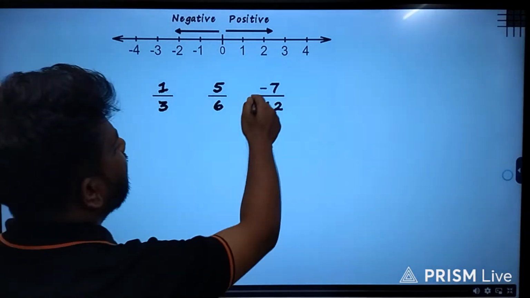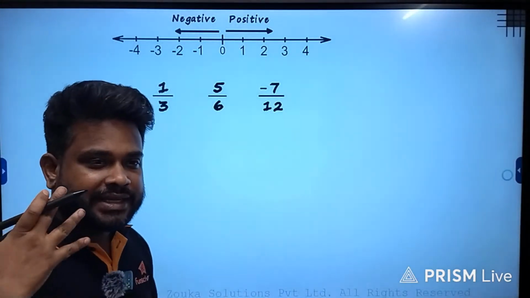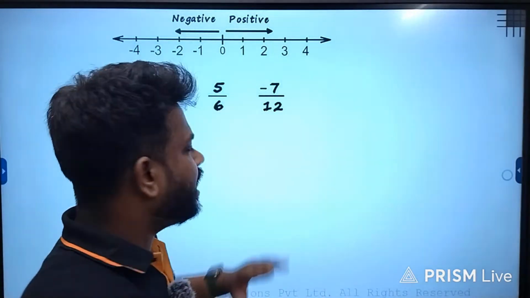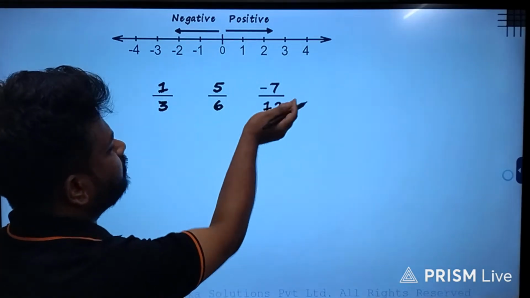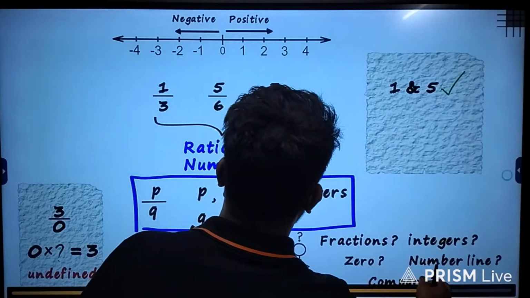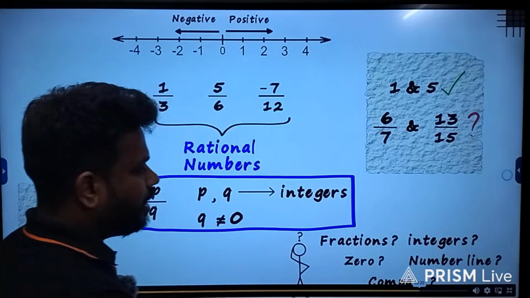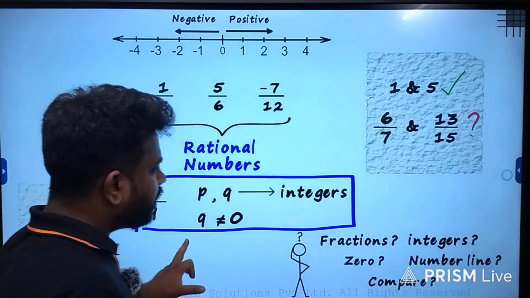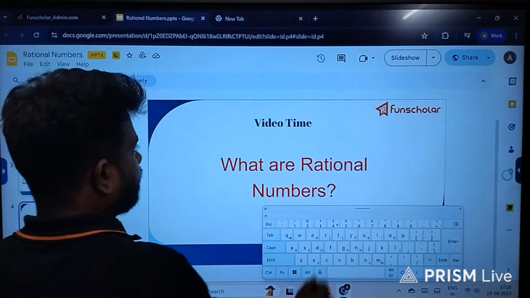The same goes for negative fractions as well. Though I know that negative fractions don't exist in the mathematical dictionary, they are rational numbers, and that's why we can also represent them. After that we have a set of rational numbers on the number line itself. So let's learn further from the slides.